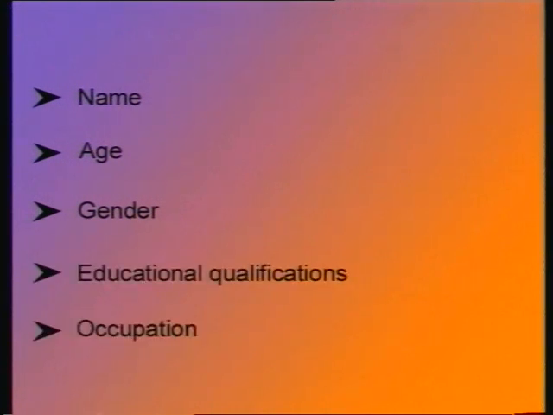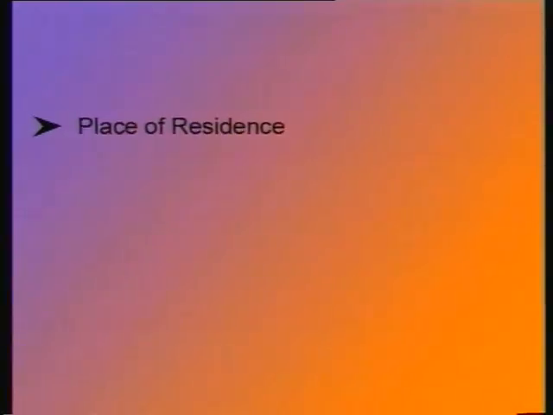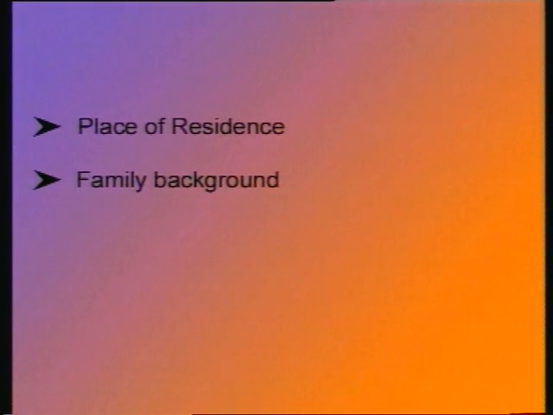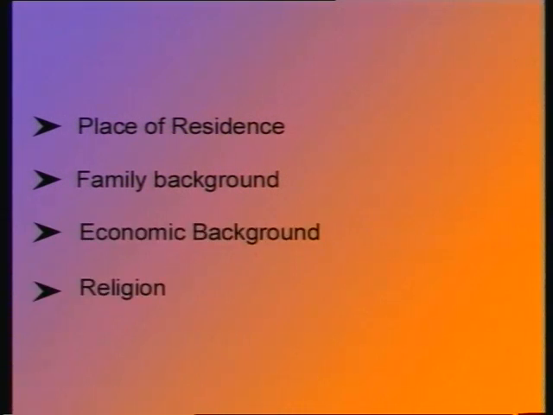Name, age, gender, educational qualifications, occupation, place of residence, family background, whether it's a joint family, extended family, or a nuclear family, economic background, and religion, which plays a major role in various aspects of life.